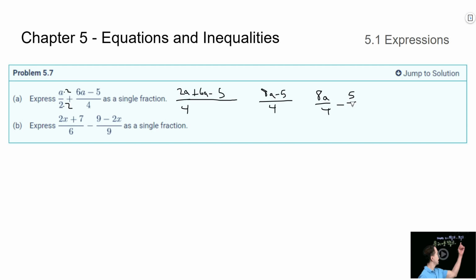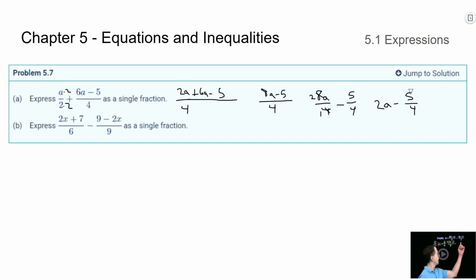And now you're probably thinking like, well, I can simplify this, right? 8a over 4. Well, sure, this is going to be 2, and this will be 1. So then now I'm left with 2a minus 5 over 4.